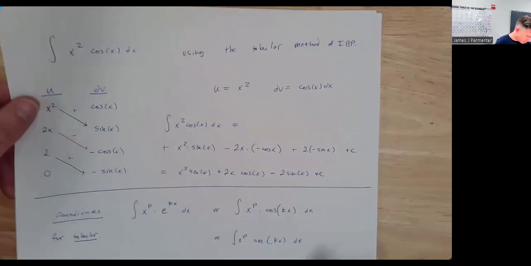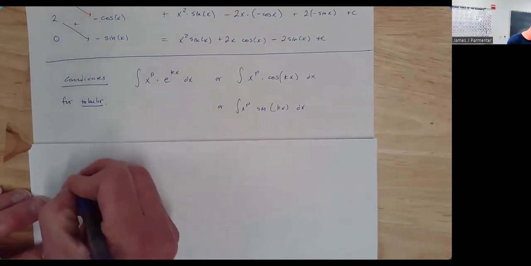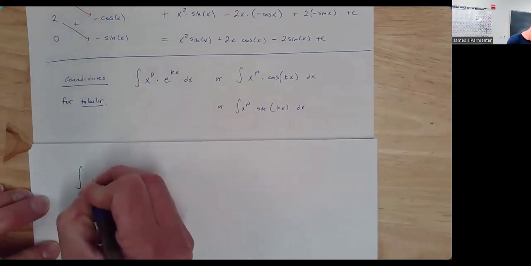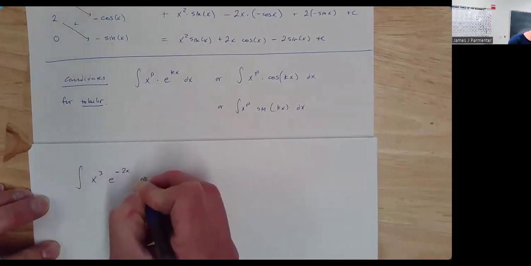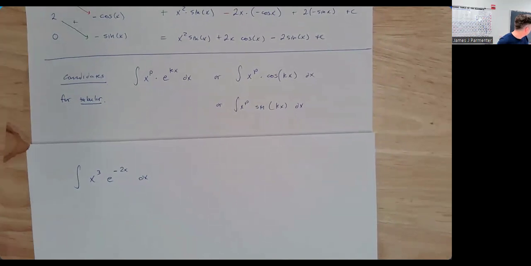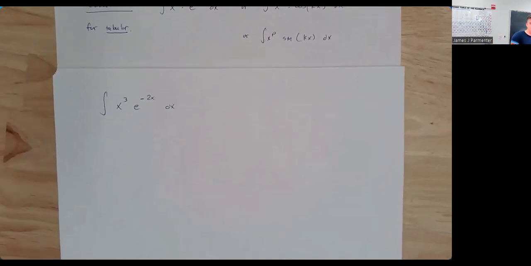Time is fleeting. So let's say we wanted to find the integral of x to the 3rd times e to the negative 2x dx. This is one of those instances where it's really vital that we are just comfortable saying, oh, I know the antiderivative of e to the negative 2x is e to the negative 2x divided by negative 2.